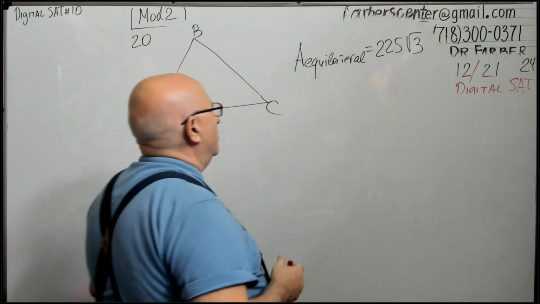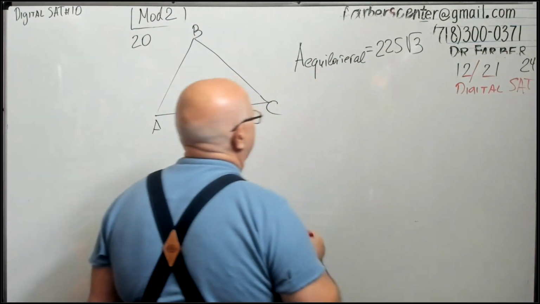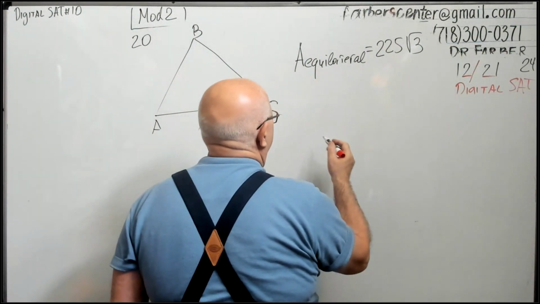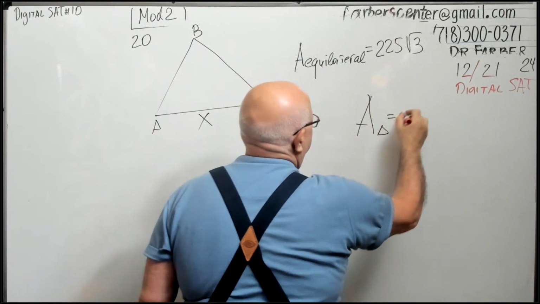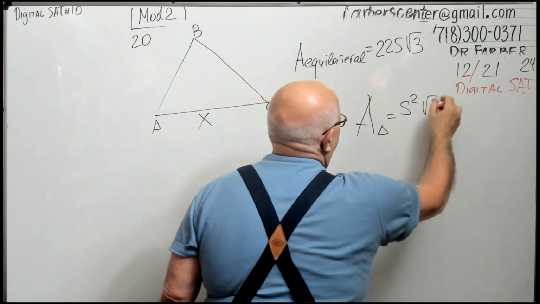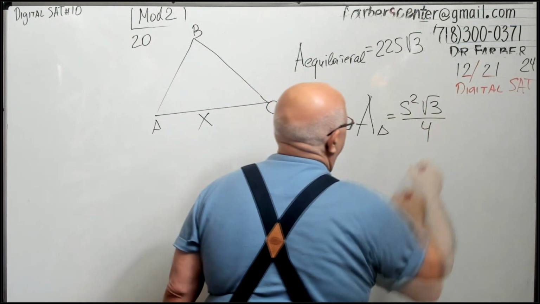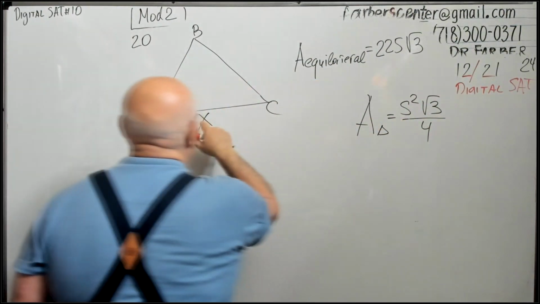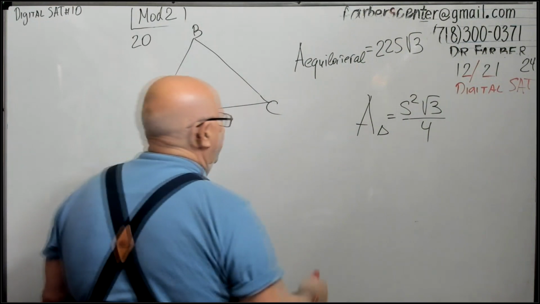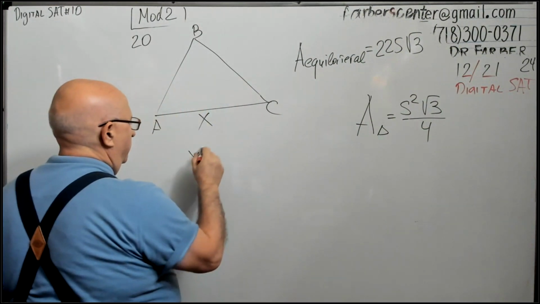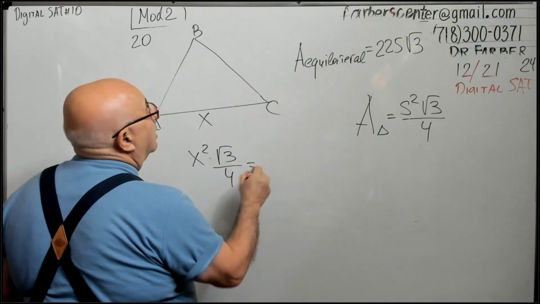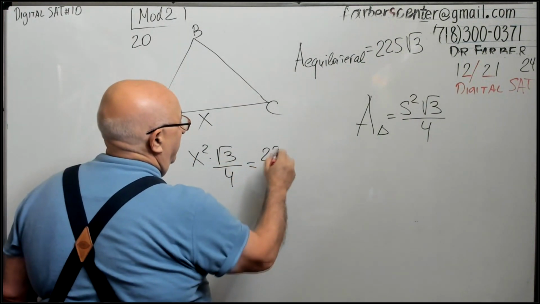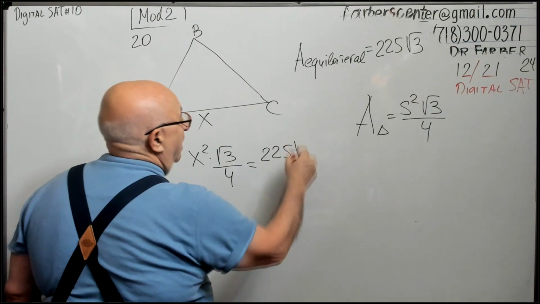Well, you know the formula for equilateral triangle area: area equals s squared square root of 3 over 4, where s is the side. In our particular case, x squared times square root of 3 over 4 equals 225 times square root of 3.